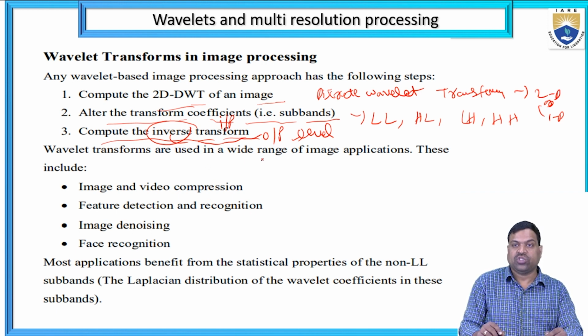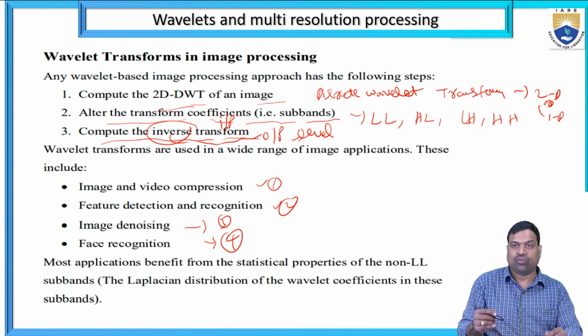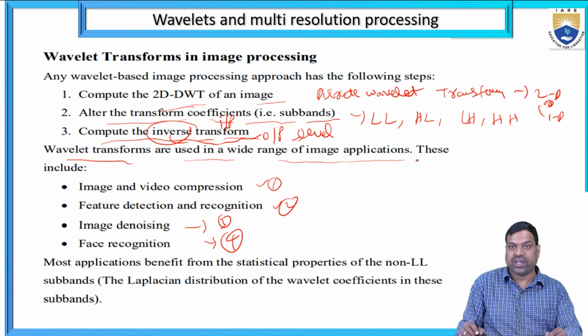Wavelet transforms are used in a wide range of image applications. These include image and video compression, feature detection and recognition, image denoising and face recognition. So these are four applications of wavelet transform in a wide range of image applications.